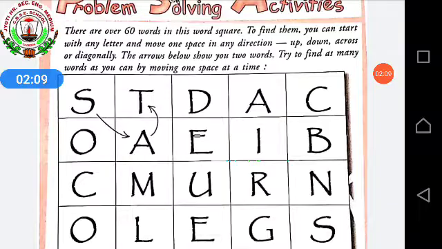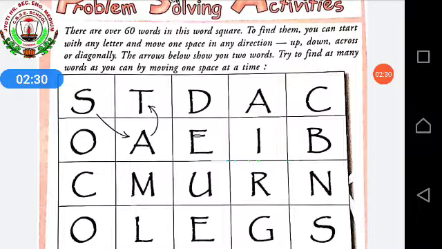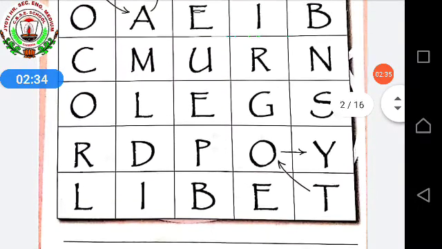It can be of 3 letters, it can be of 4 letters. Like example, I'll give you A-I-R, air. See, A-I-R, air. Okay. In this way you can search. Then others also you can search from here.